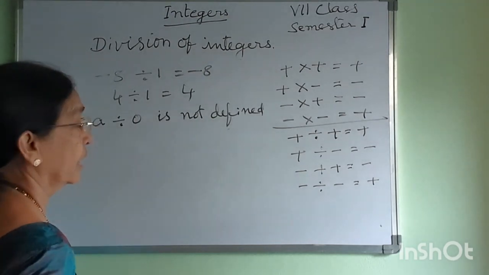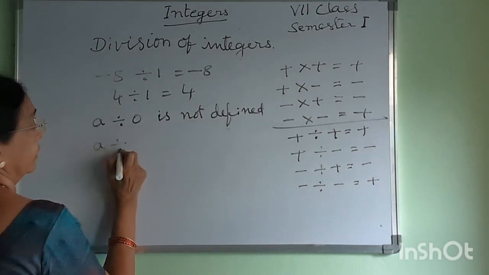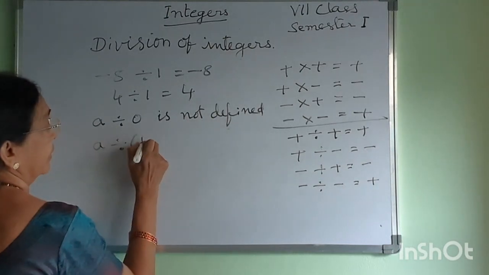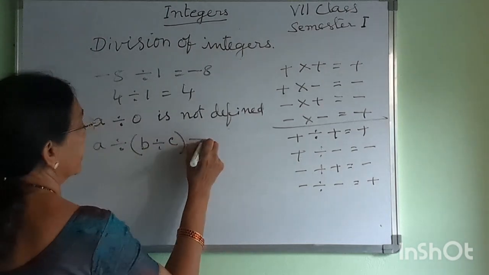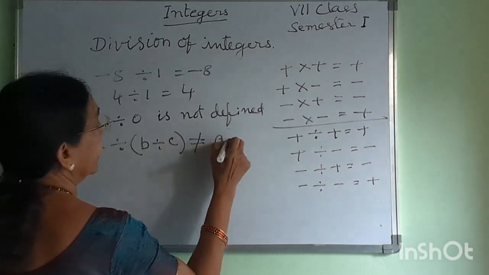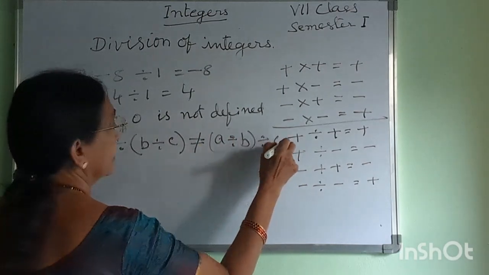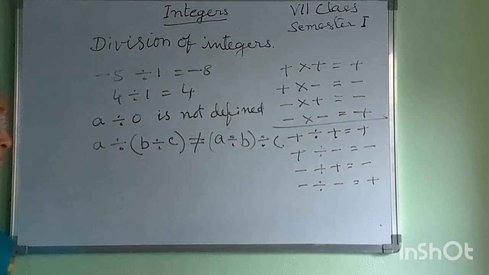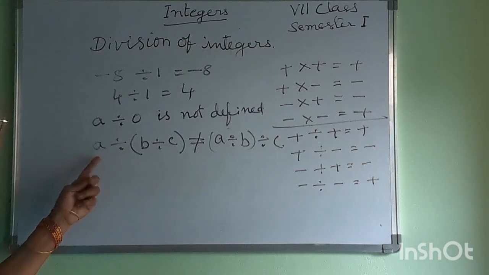Next, an integer is divided by... a divided by b divided by c is not equal to a divided by b divided by c with different grouping. This is the associative property.